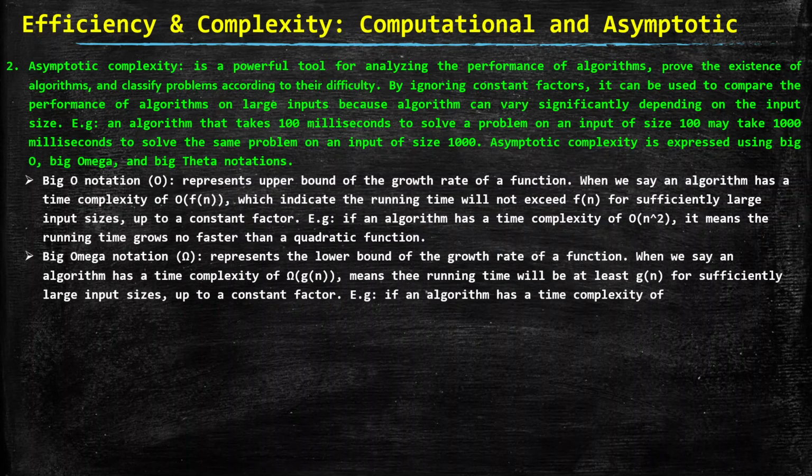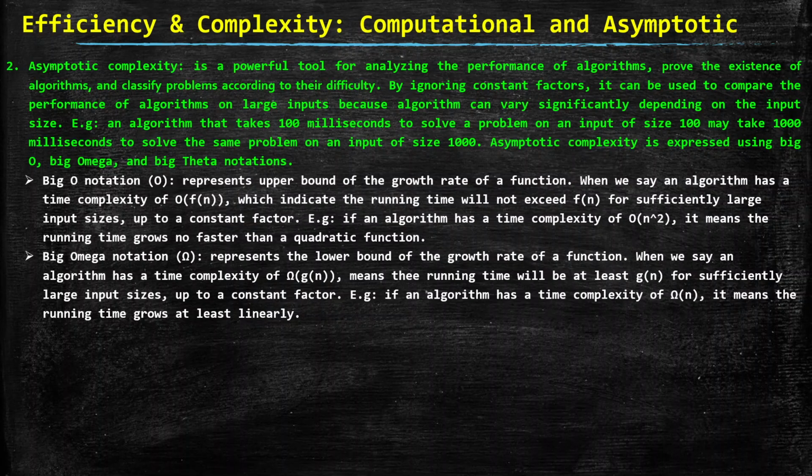Now big omega notation represents the lower bound, meaning the best case of the growth rate of functions. When we say an algorithm has a time complexity of big omega of g(n), it means the running time will be at least g(n) for a sufficiently large input size, up to constant factors.